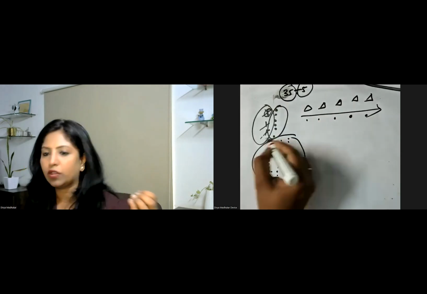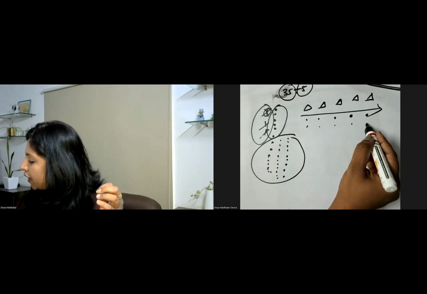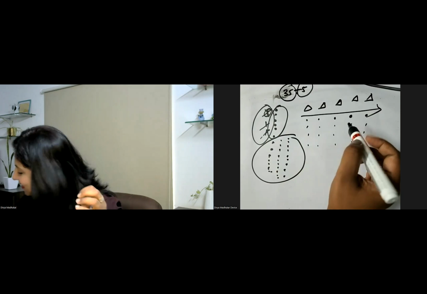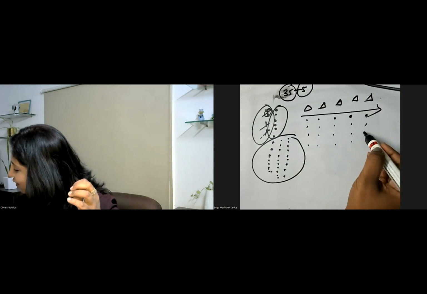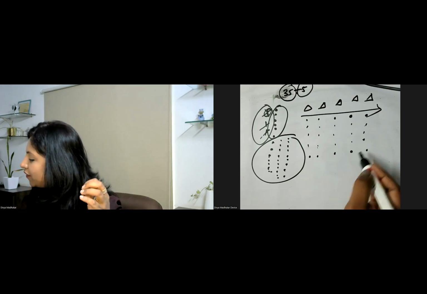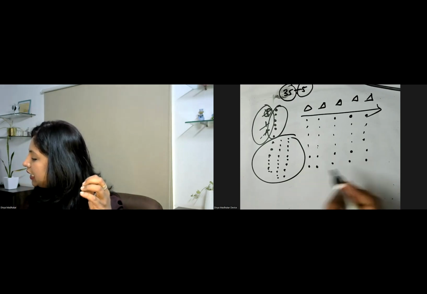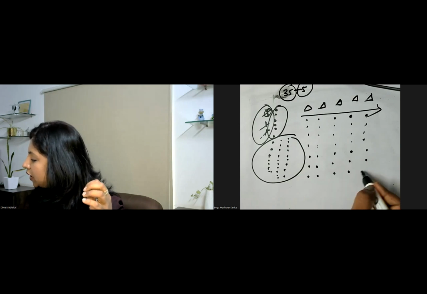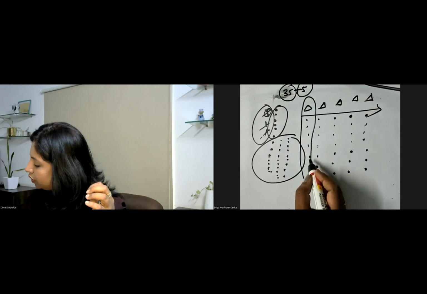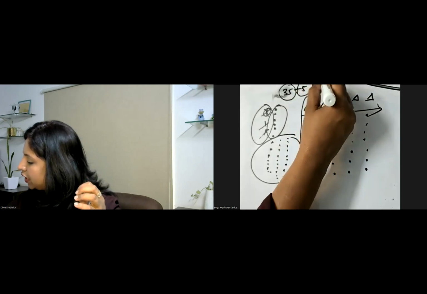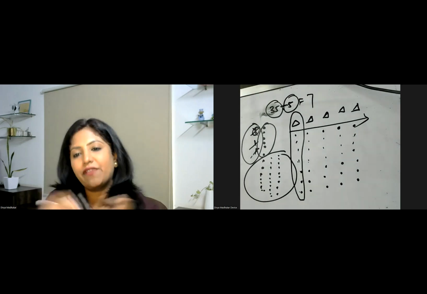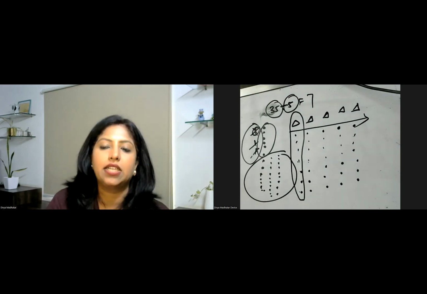Now I have to distribute 30 more. 5, 10, 15, 20, 25, 30, 35. How much did each one get? 7. 1, 2, 3, 4, 5, 6, 7. Each one got 7, so 7 is your answer.